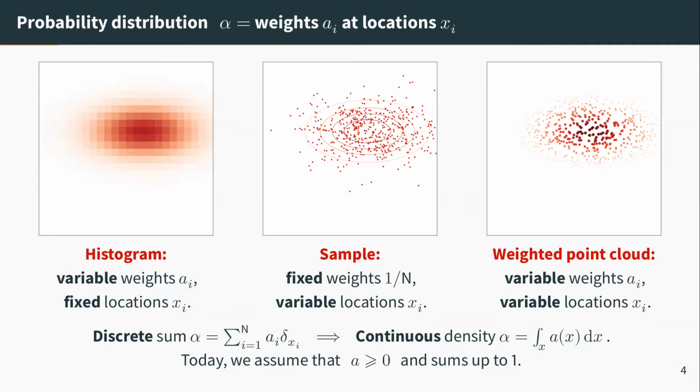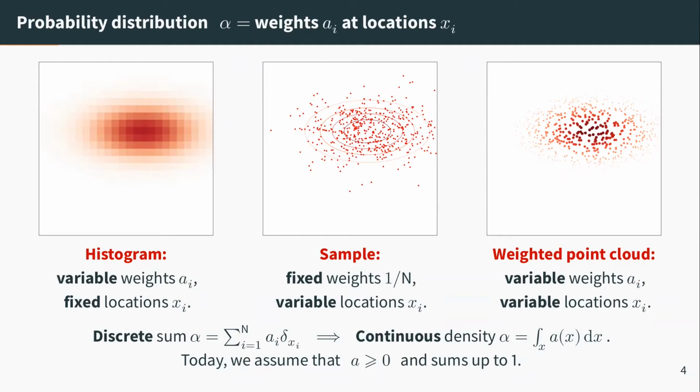I assume this mostly for the sake of simplicity, because I do not want to deal with negative weights or measures that do not sum up to 1 in an introductory lecture. But nearly everything that I'm going to tell you today can be generalized to the more general setting of arbitrary measures, random measures.